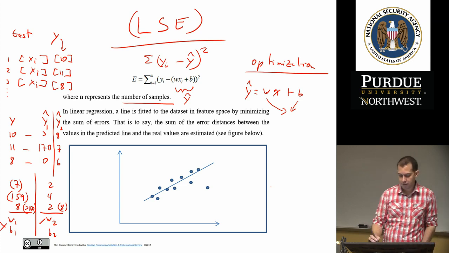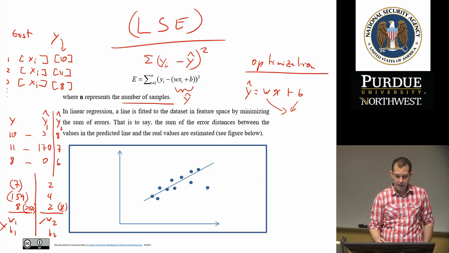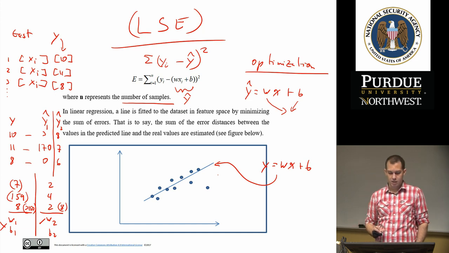Another way of looking at this graphically is like this. Here we have this equation, wx plus b equal y, which is actually this line. That line represents the equation.